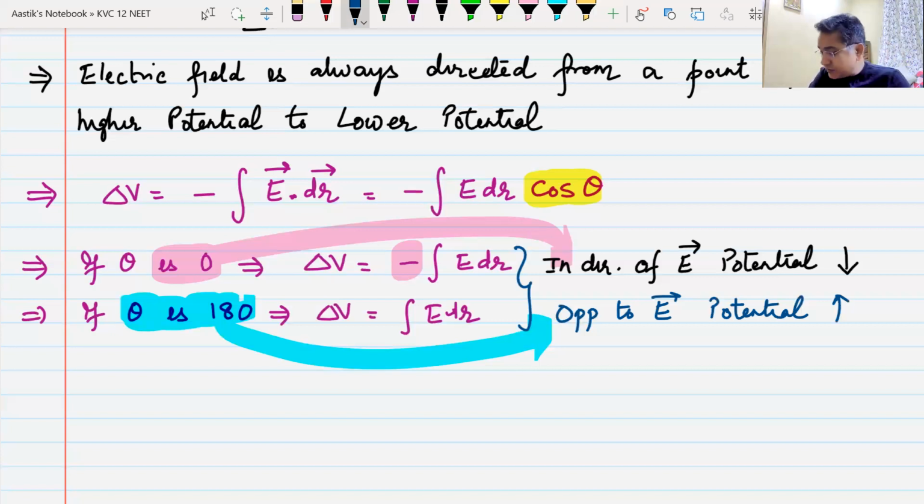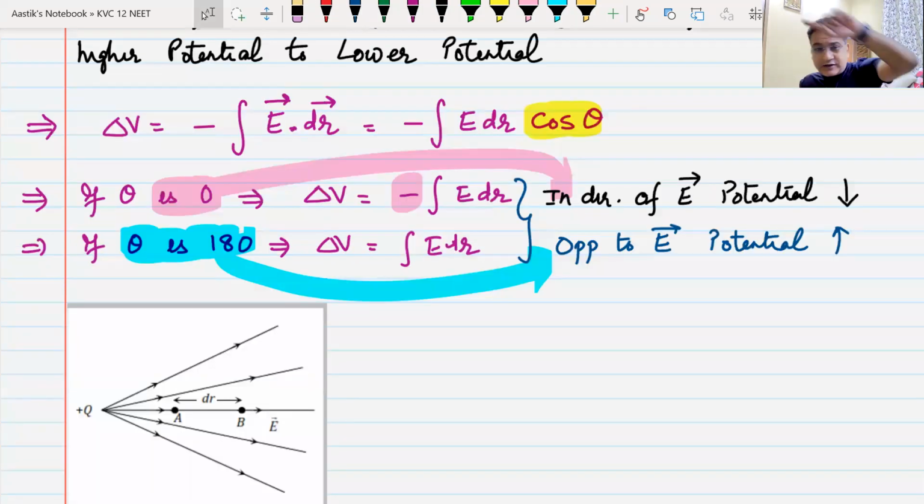Okay. I'll show you a small diagram and that will make things clearer. This is the diagram, beta. You can see the electric field lines of a positive charge going like this.